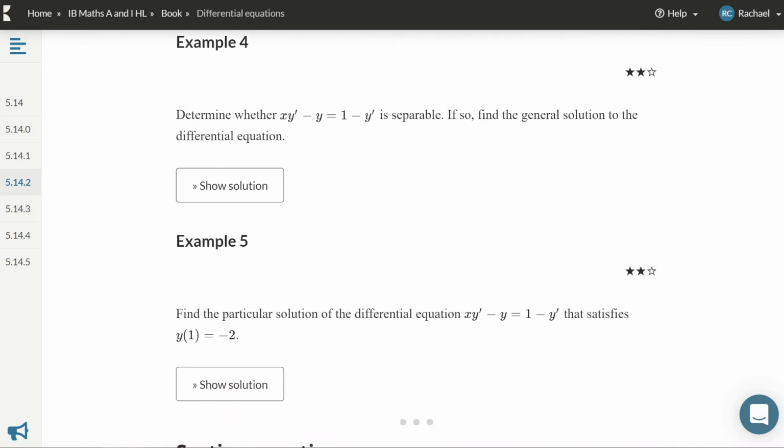Determine whether this is separable. Remember, like I said, it's separable if you can write it as a product. So you have x dy dx minus y equals 1 minus dy dx.